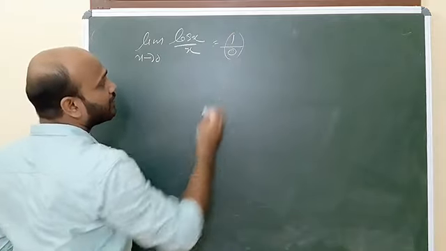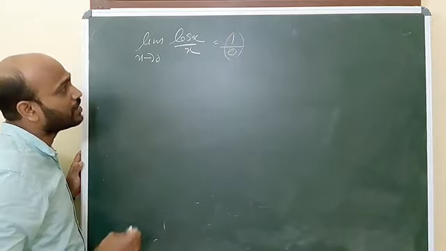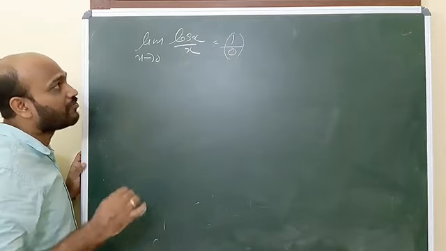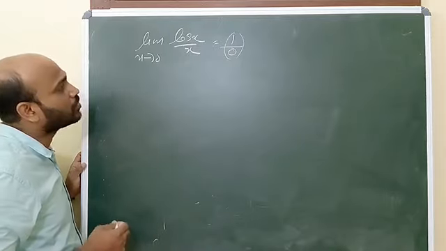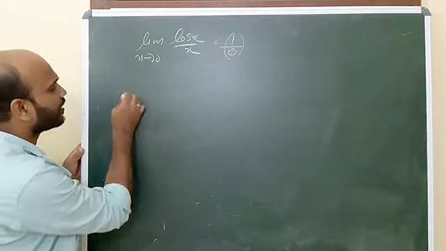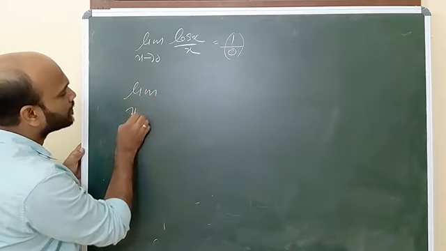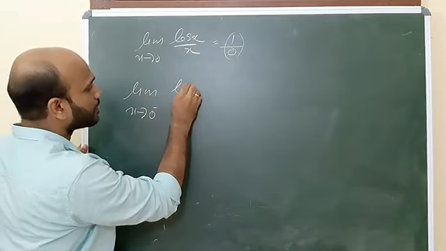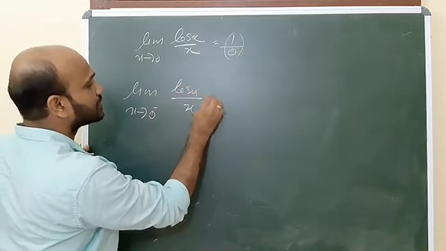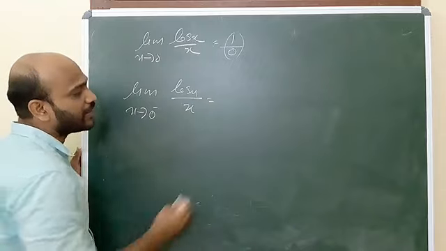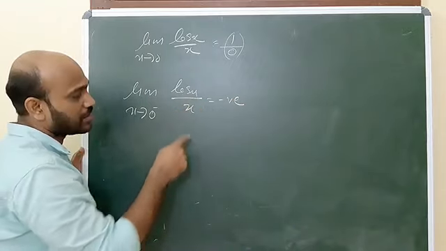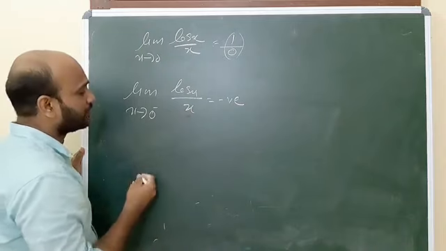If we are getting a function in 1 by 0 form, we can say that the limit does not exist because the left hand limit won't be equal to the right hand limit. This we can verify. What about the left hand limit? Limit x tends to 0 minus cos x by x. This will be a negative value, because cos(-x) equals cos x, but the denominator will be negative.